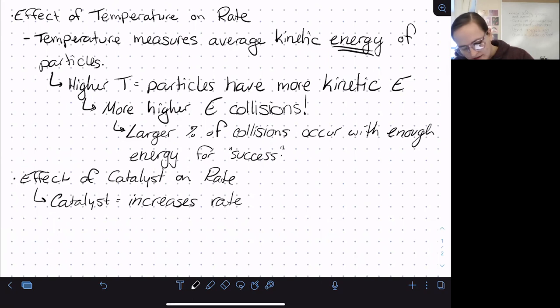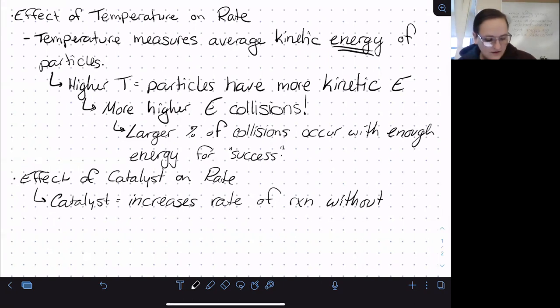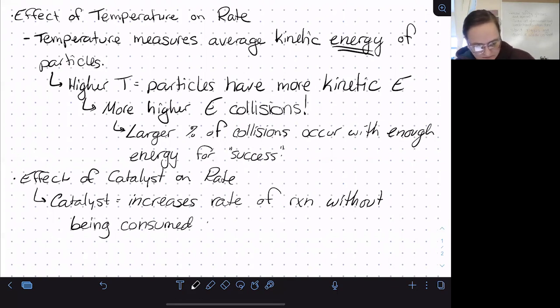So a catalyst is anything that increases the rate of a chemical reaction without being consumed in the reaction, and that is important. So essentially your catalyst is still there in the end.